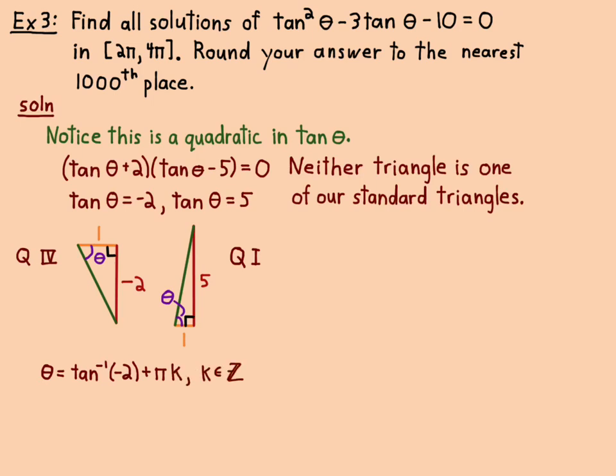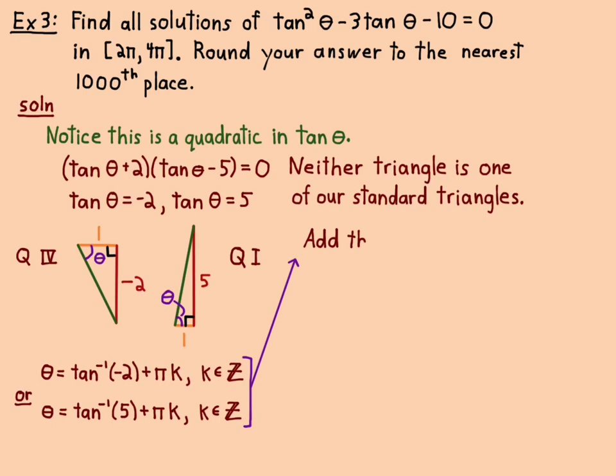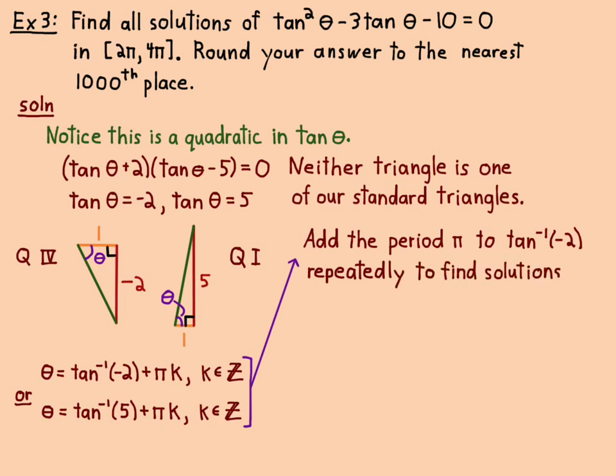So I get theta equals the arctangent of negative 2 plus pi k, for k in the integers, or theta equals tangent inverse of 5 plus pi k with k in the integers. Now I need to find the values of that. They don't want all of them. They just want the values that lie in the interval 2 pi to 4 pi.